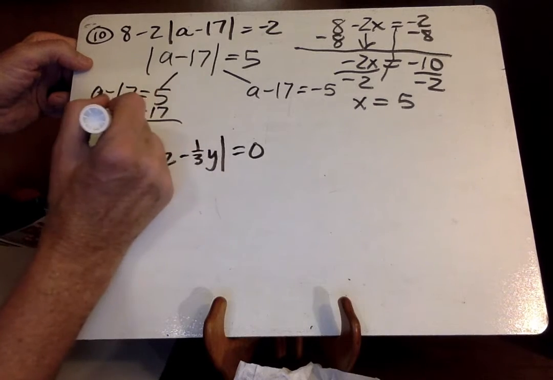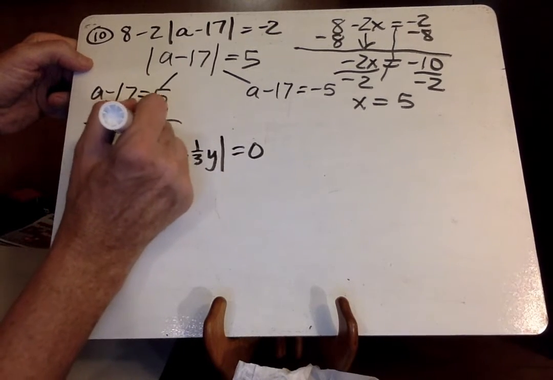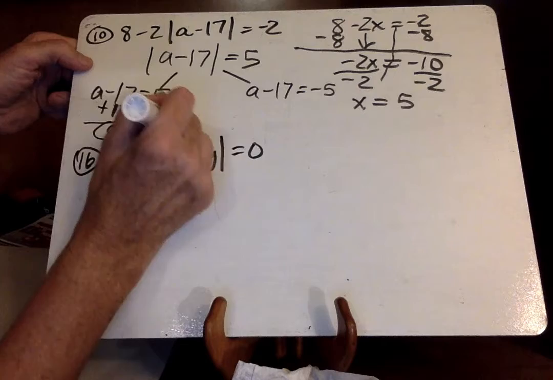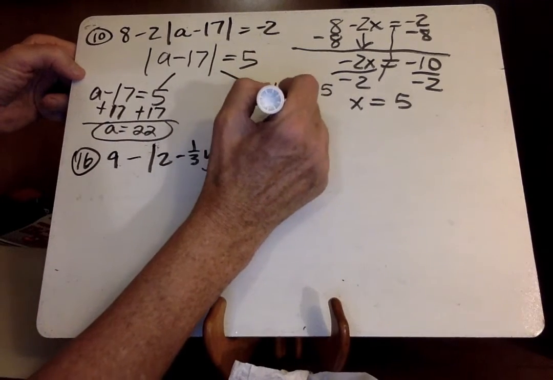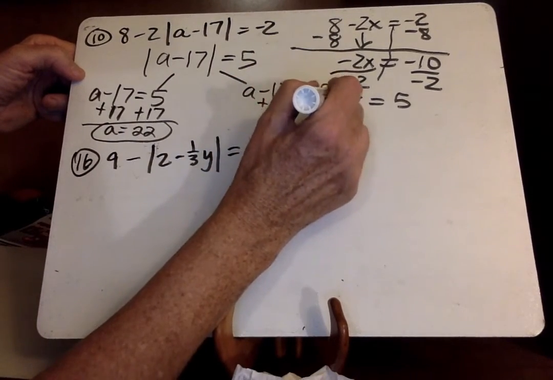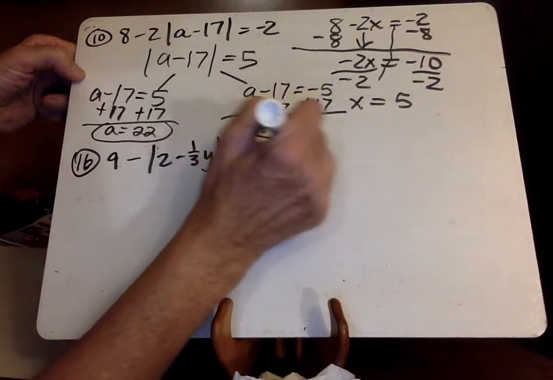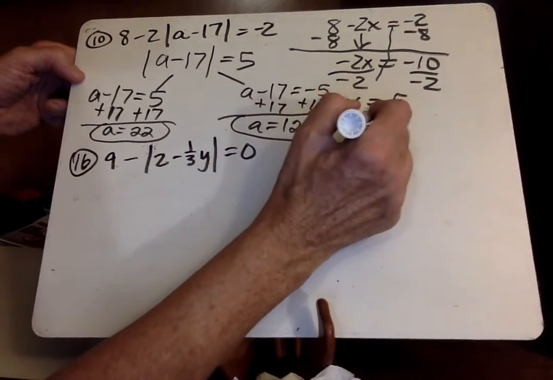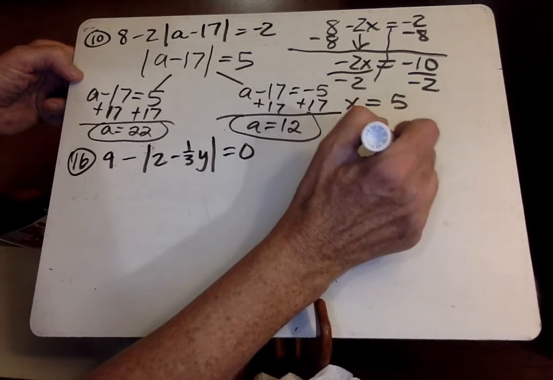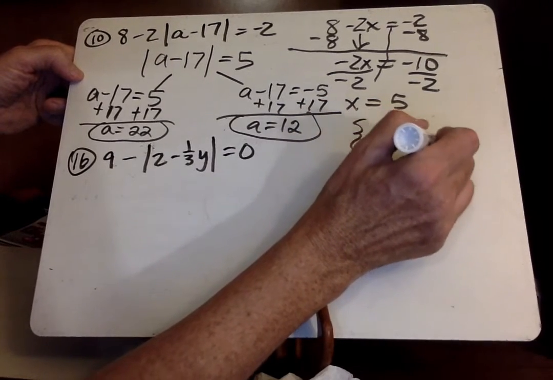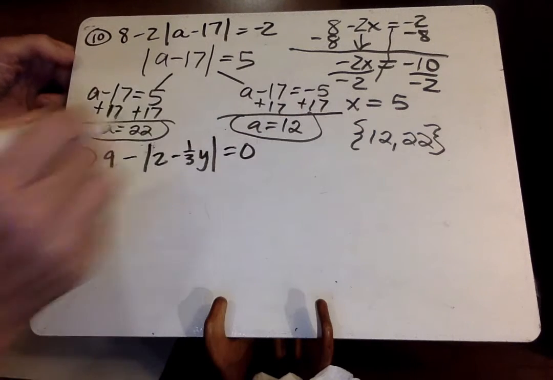So 5 plus 17, a equals 22. That's our first solution. And then over here we add 17, a equals 12. And again for our solution set, I put 12 and 22. Those are the only two answers that would work for A.